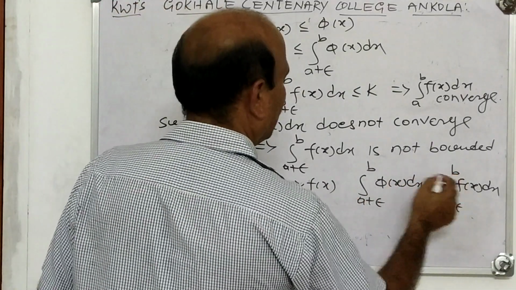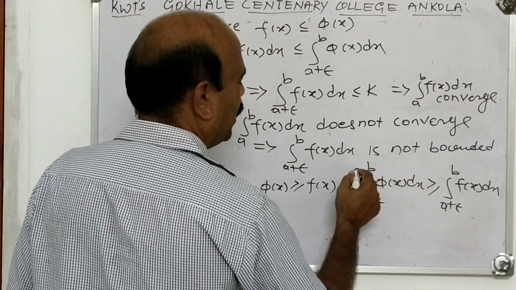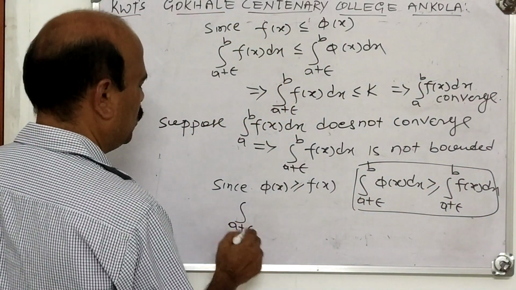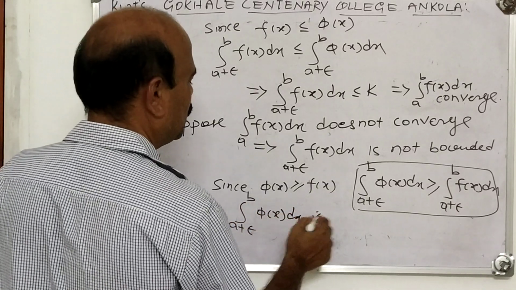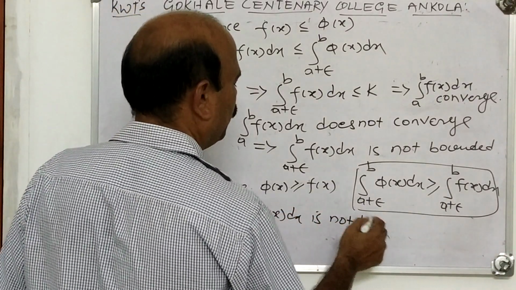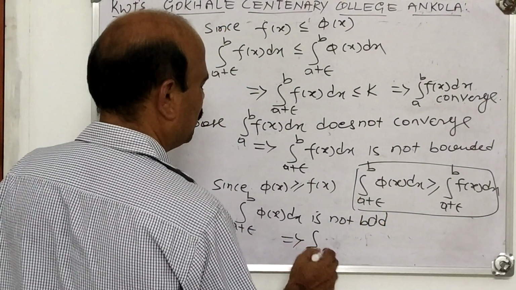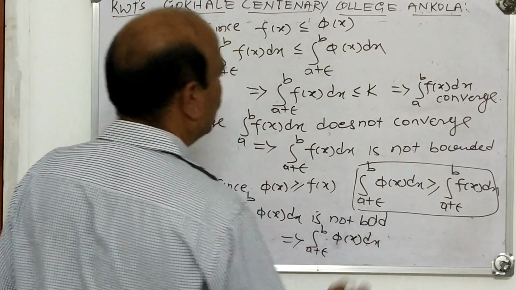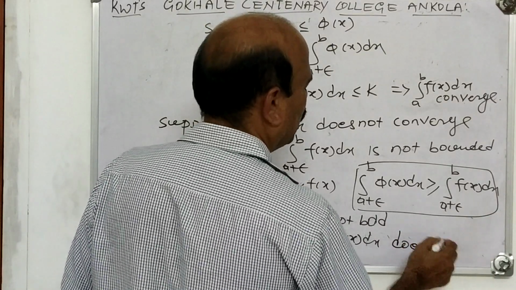Since the integral of f(x) is not bounded, the integral from a plus epsilon to b of phi(x) dx is not bounded. What does this imply? The integral of phi(x) dx does not converge.